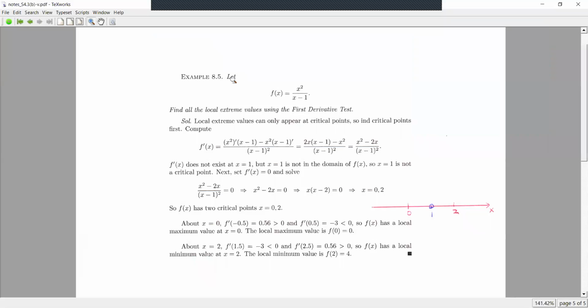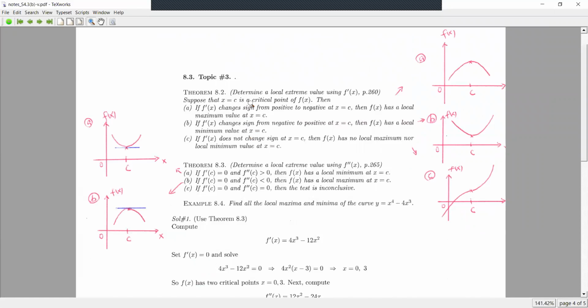Second example under the topic number 3. Consider this function. Find all the local extreme values using the first derivative test. First derivative test means this test.